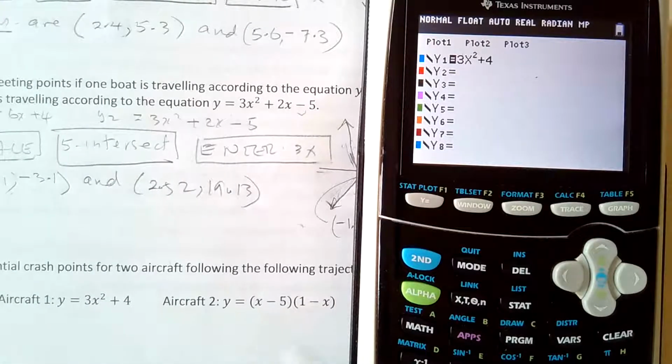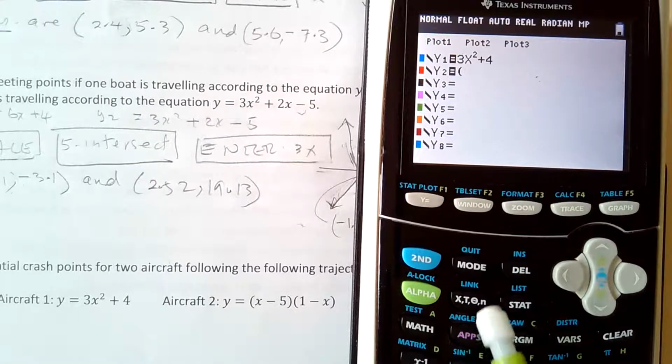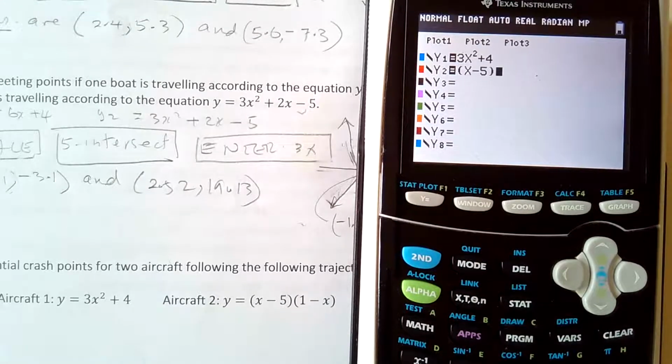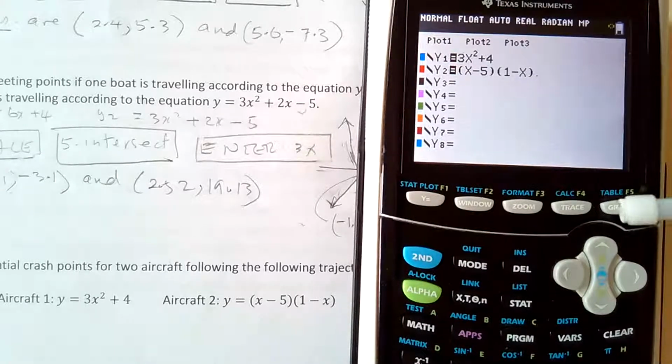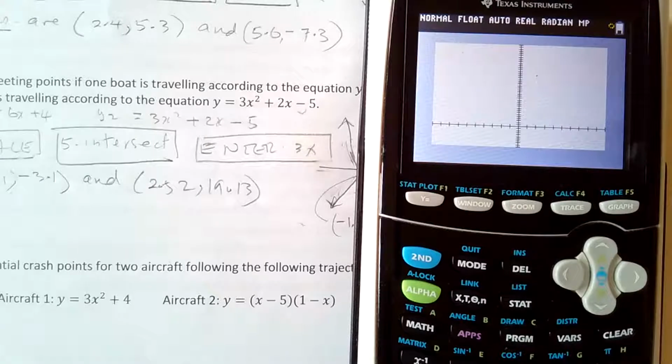And the next one is 2 brackets. We have open bracket x minus 5, close bracket, 1 minus x. So there are my 2 functions. Press graph. Here's the first graph. There's the second graph.